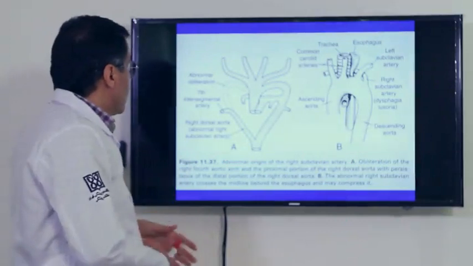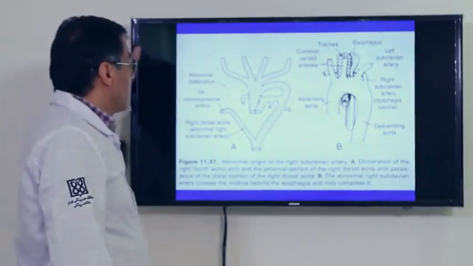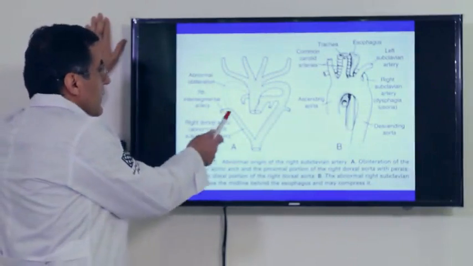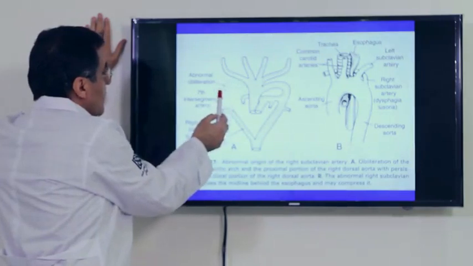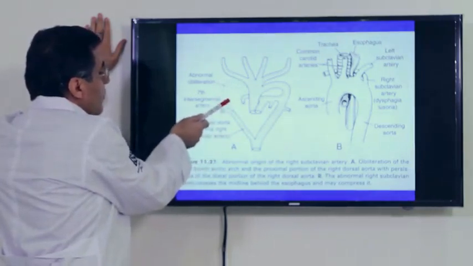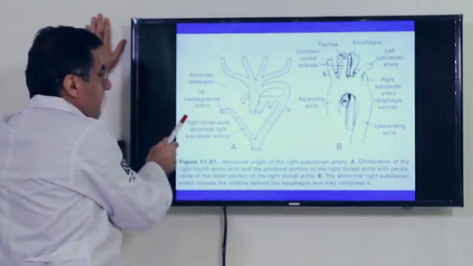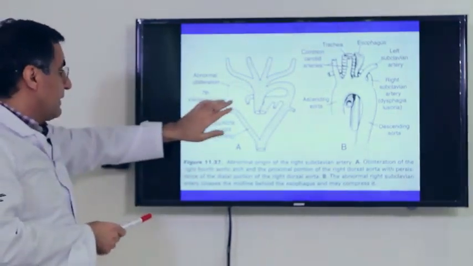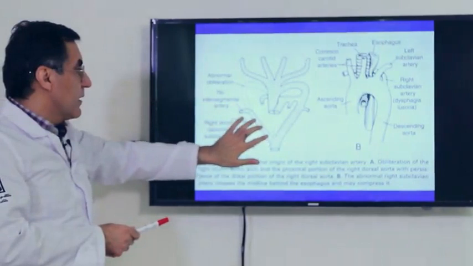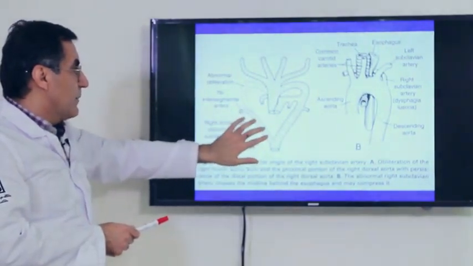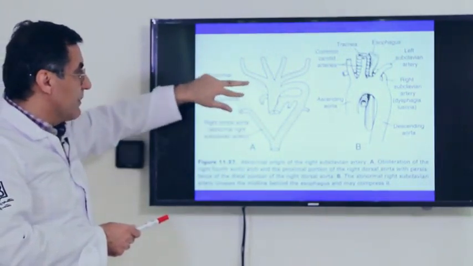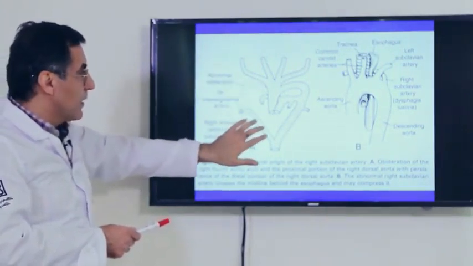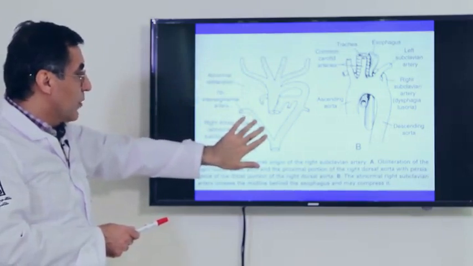In this abnormality, you can see the abnormal origin of the right subclavian artery, because of the obliteration of the right fourth aortic arch and the proximal portion of the right dorsal aorta, with persistence of the distal portion of the right dorsal aorta. Normally it is the vice versa: these parts remain and the distal part of the right dorsal aorta is obliterated.